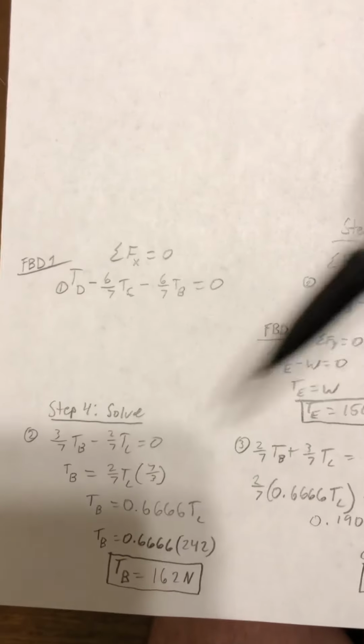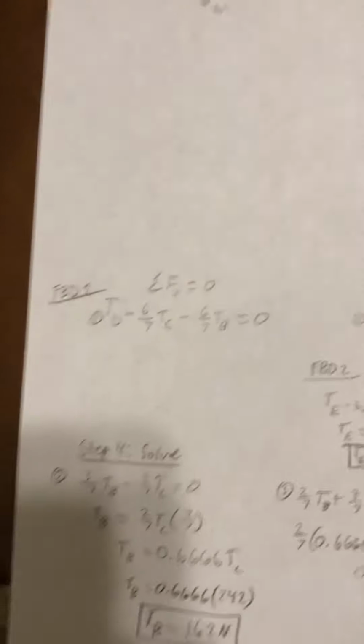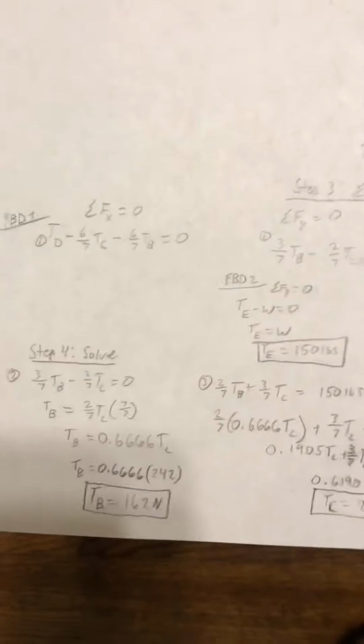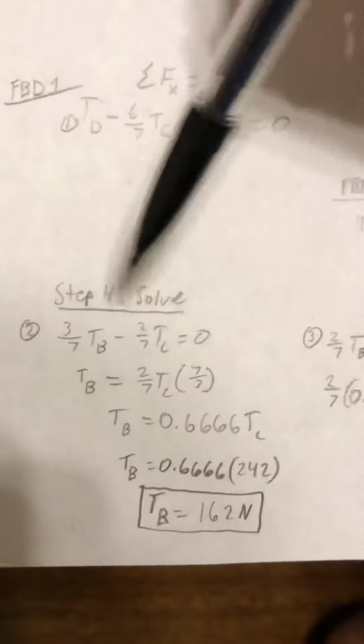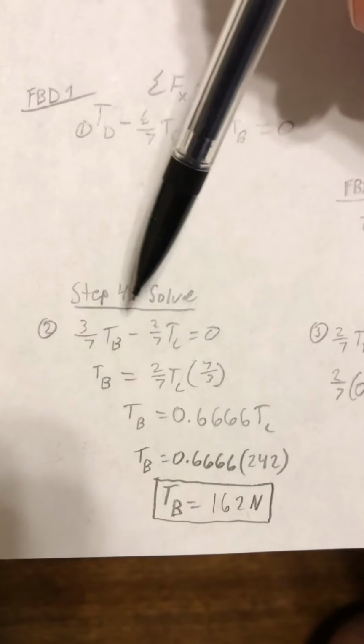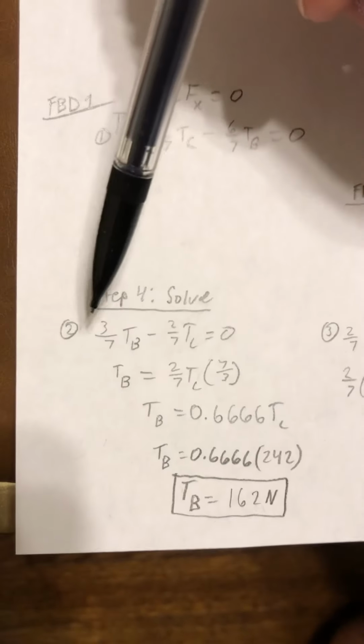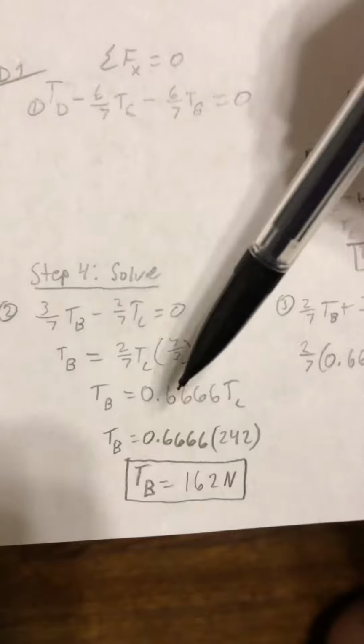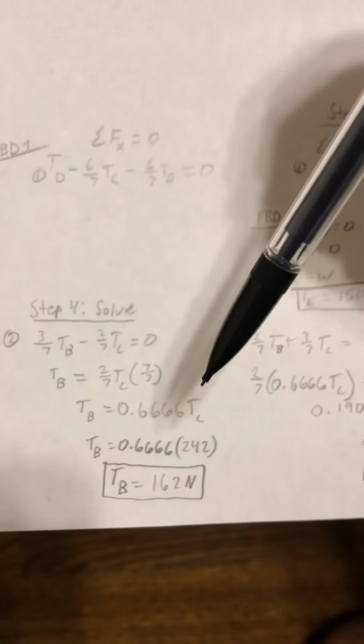So we have the first equation I used because it's just a cleaner equation. So I solved for TB. I got it by itself. I added 2/7 TC and multiplied it by 7/3 to give us 0.6666 TC.